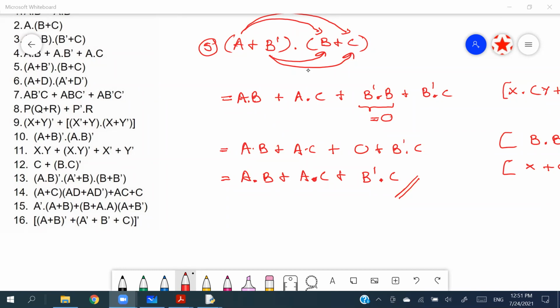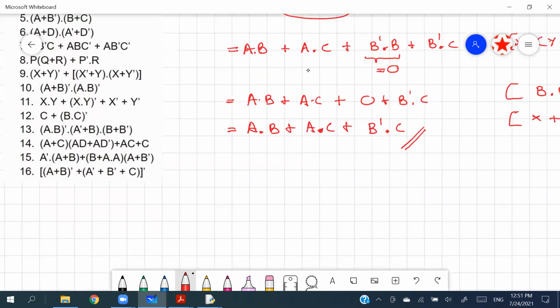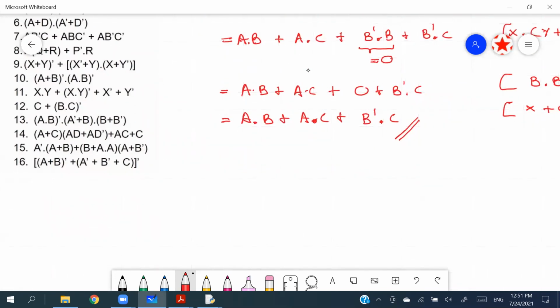Right, okay. So here I'm doing the sixth one. So the sixth one says A plus D dot A bar plus D bar. Right, so I implement the dash as the bar. Right. So here again, we can't apply any of the rules directly, right?